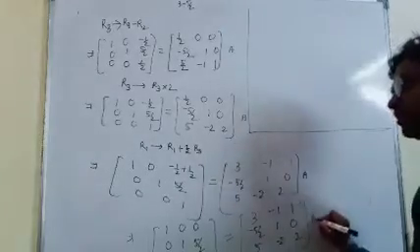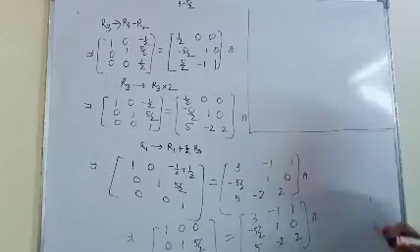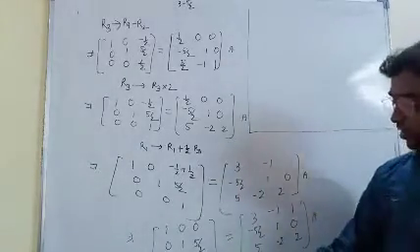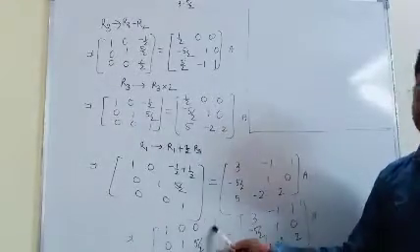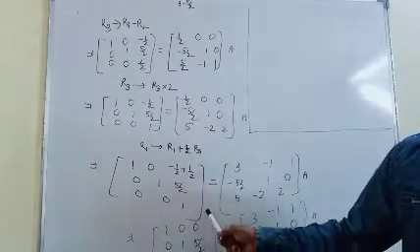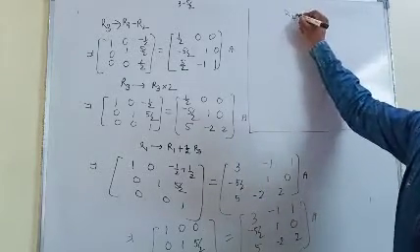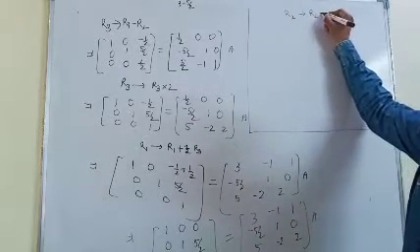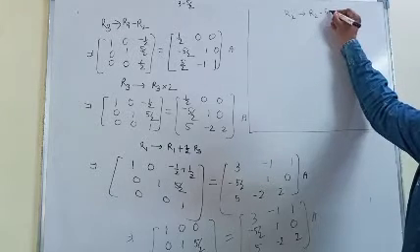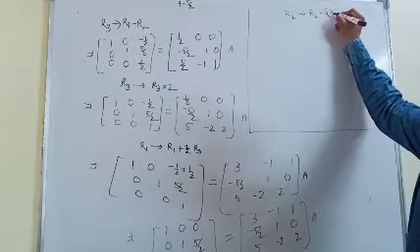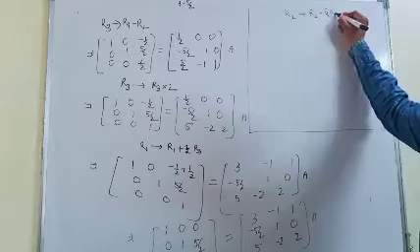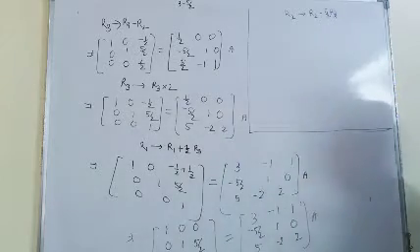It is somehow clear. Now what we need to do, we have to make it 0. How will we make it 0? We will apply the formula R2 tends to R2 minus 5 by 2 R1, sorry, 5 by 2 R3. So then this question will be solved.